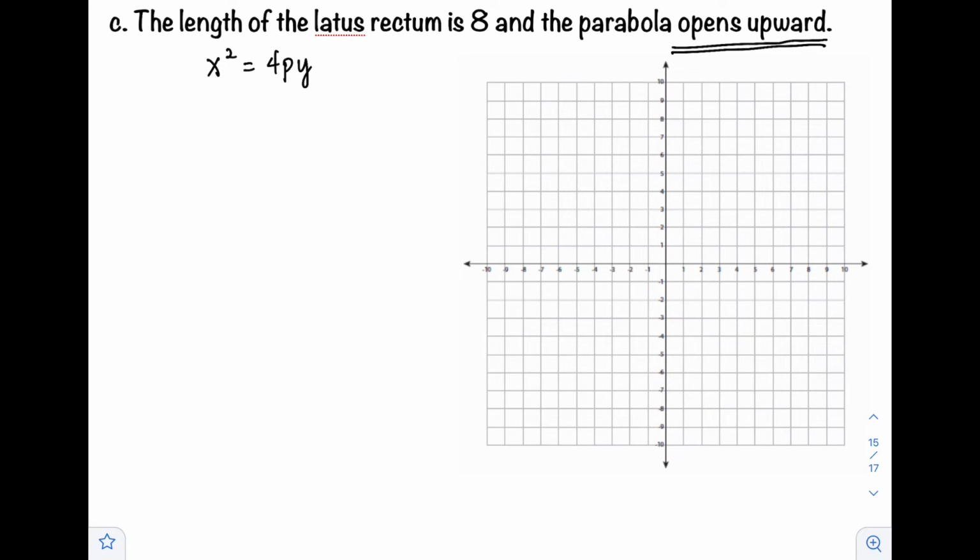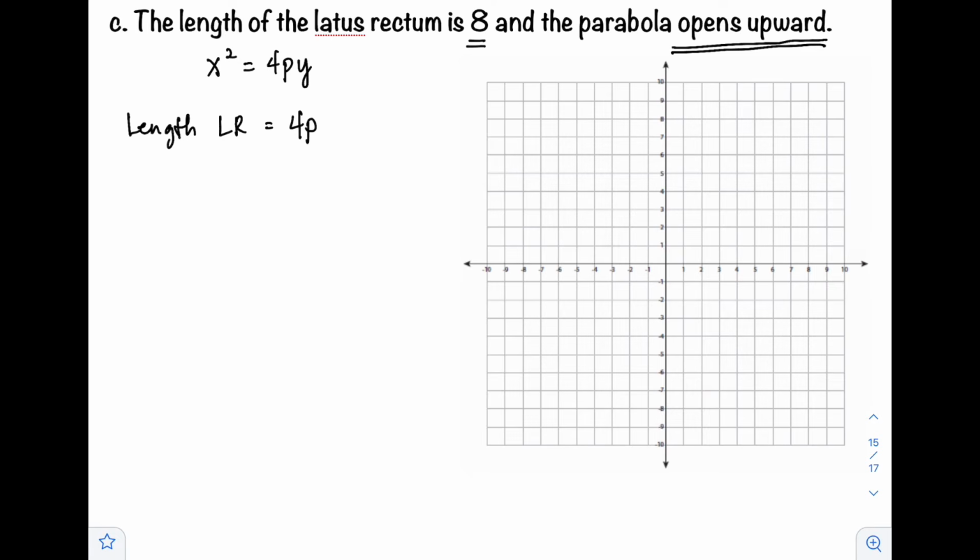Okay, guys? So, next is yung length ng ating latus rectum, which is 8. So, alam naman natin na ang length ng ating latus rectum is equal to 4p. Okay?